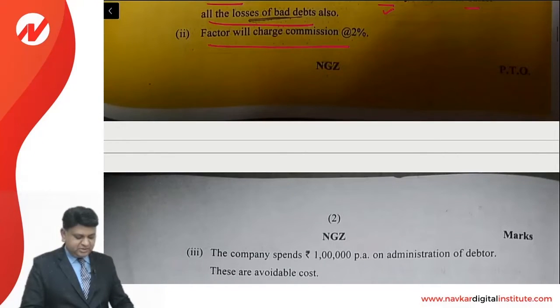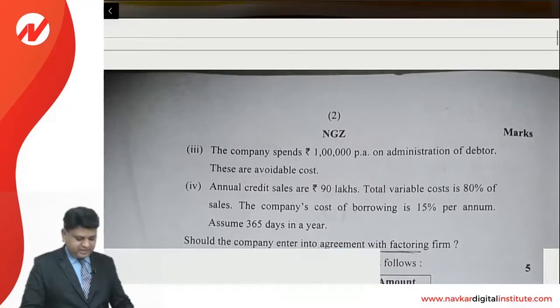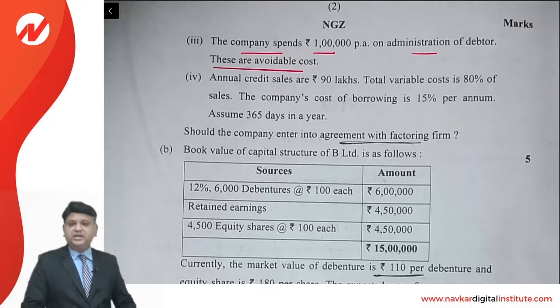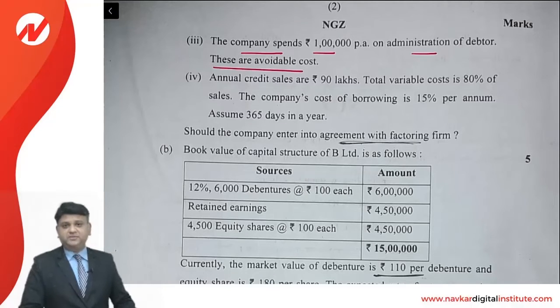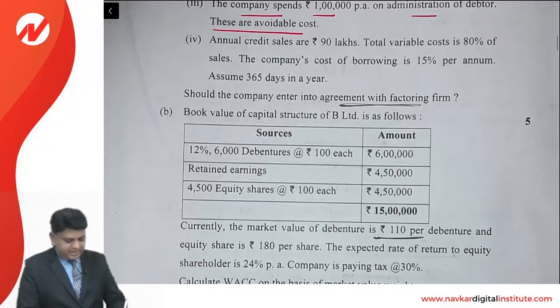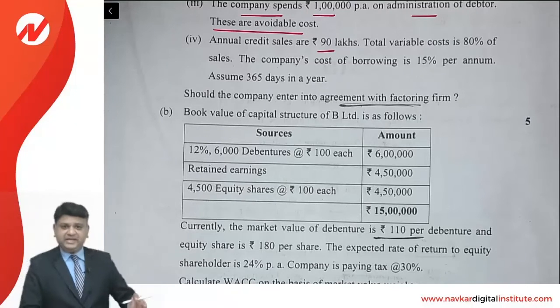Factor will charge commission at the rate of 2% for collecting the receivable. The company spends rupees 1 lakh per annum on administration of the debtors. Very good clarification is made that these are avoidable costs. Even if such clarity is not given, we can make that assumption every time. Annual credit sales are rupees 90 lakhs.